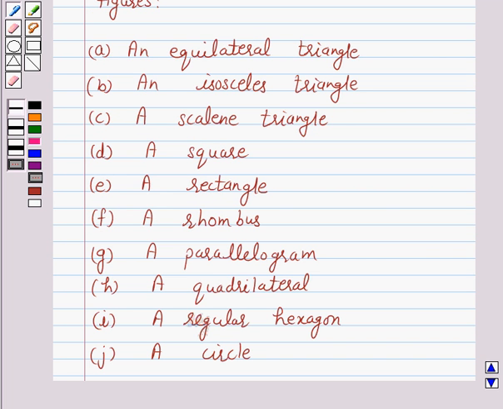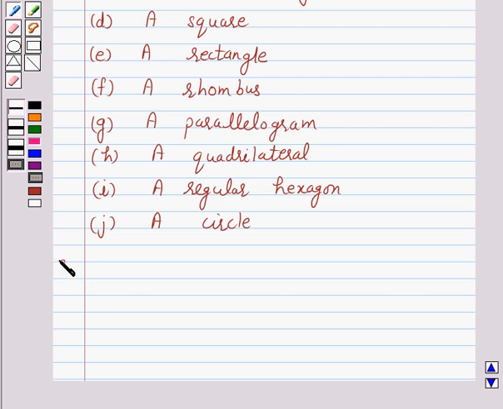Now in part A, we have to state the number of lines of symmetry for an equilateral triangle. We know that an equilateral triangle is regular because each of its sides has the same length and each of its angles measures 60 degrees.